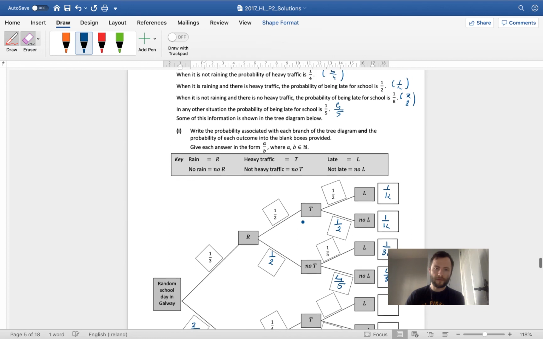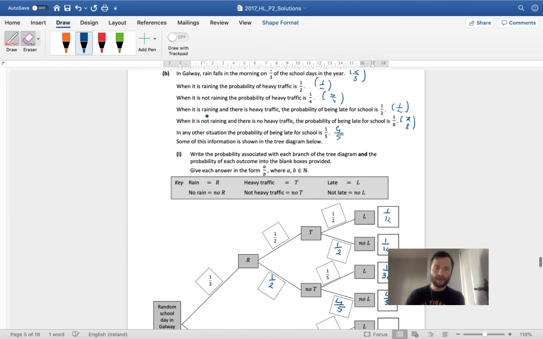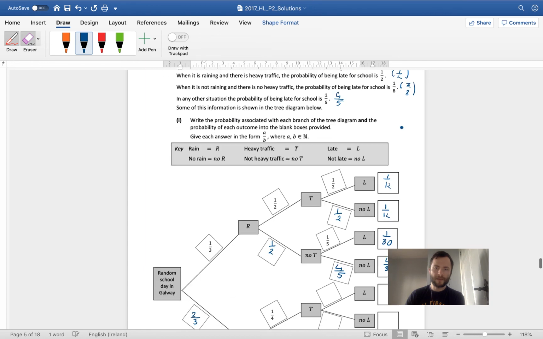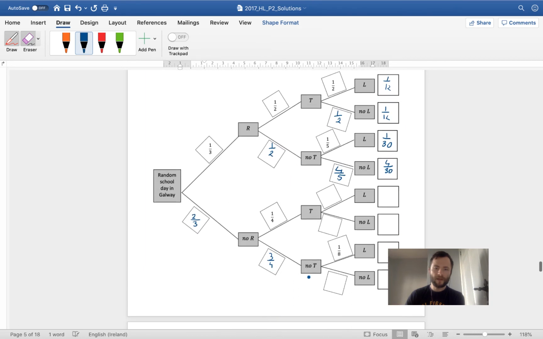Let's look over the problem. When it's not raining and there is no heavy traffic, the probability of being late is 1/8. So not raining, no heavy traffic, 1/8. No rain, no traffic, the probability of not being late is 7/8. So we just need to figure out these two parameters here.